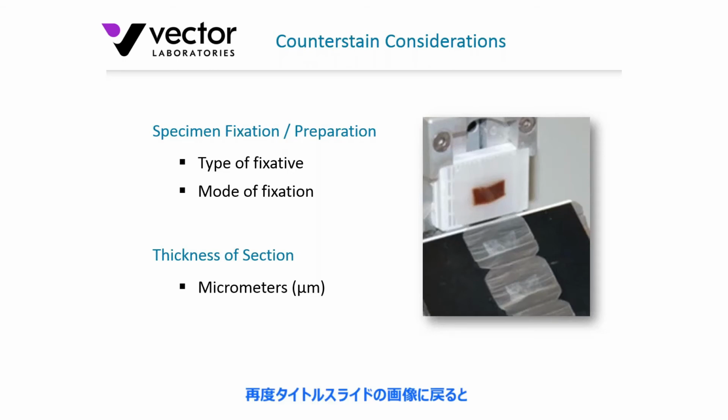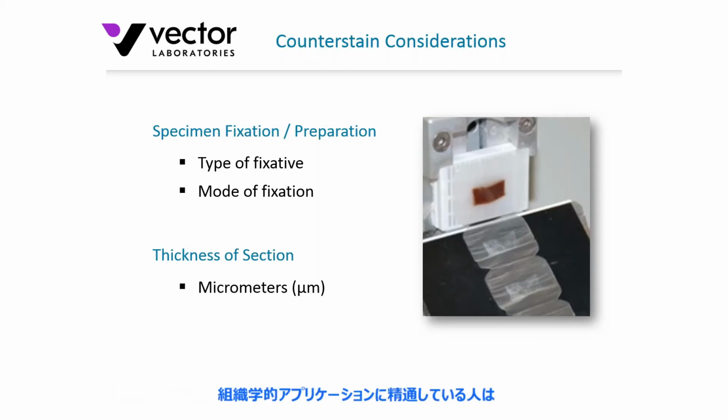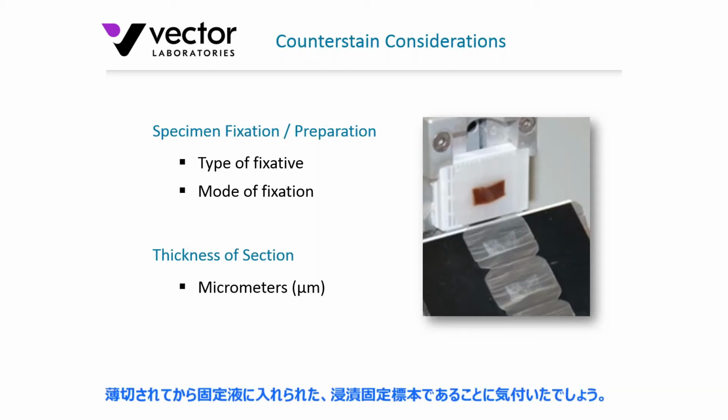Now, if you remember back to that original slide again, on the title slide where we had that lymphatic endothelial marker, that brown circle with the nicely stained adjacent arteriole, those of you who may be familiar with some histological applications would be familiar with the fact that that would be an immerse fixed specimen, something that was excised and placed into fixative.